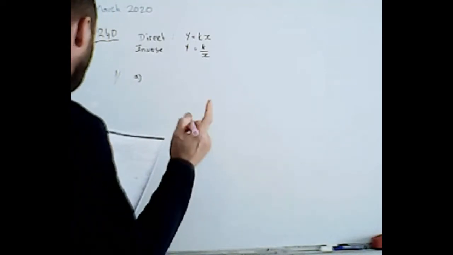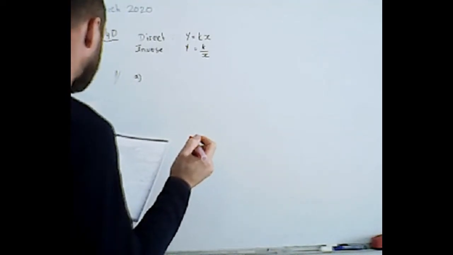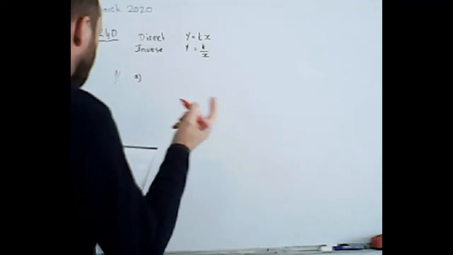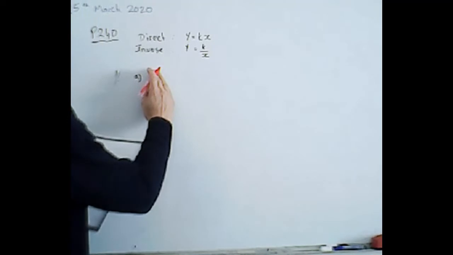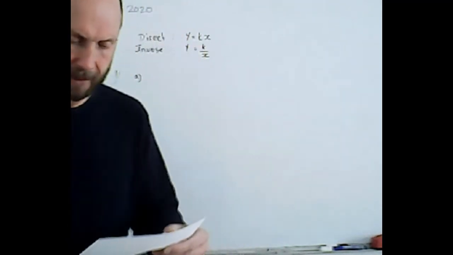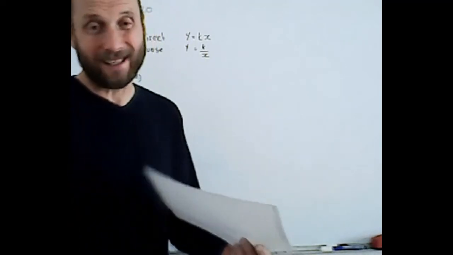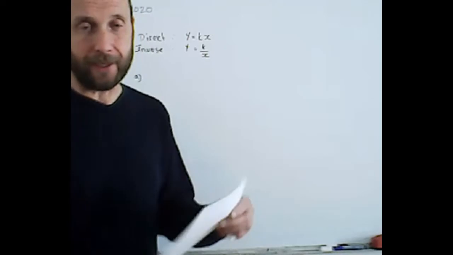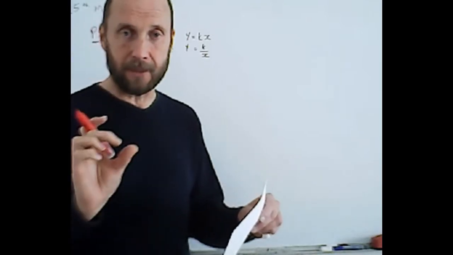So, the first one, okay? Let's just do some examples. It says, is the distance travelled proportional to the time taken in minutes? Well, I've just given you one explanation as to why I think that's right. The other way we can do it is to work out some of the numbers and see how it works.